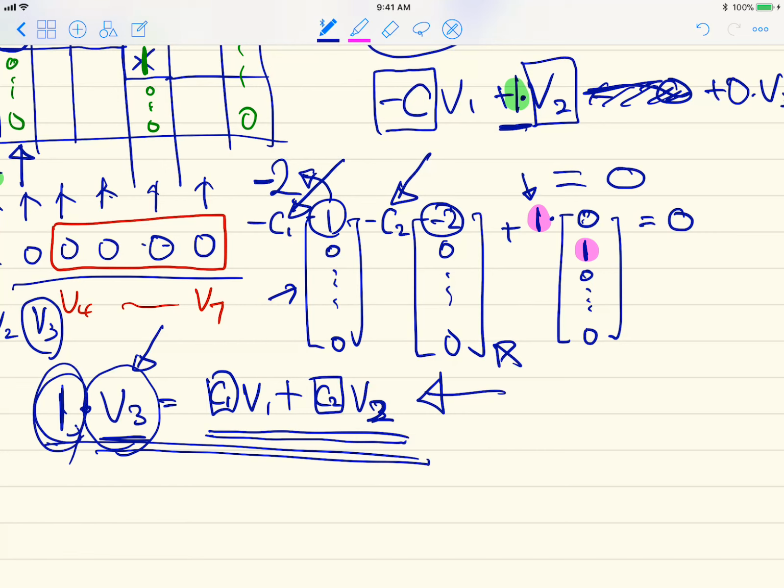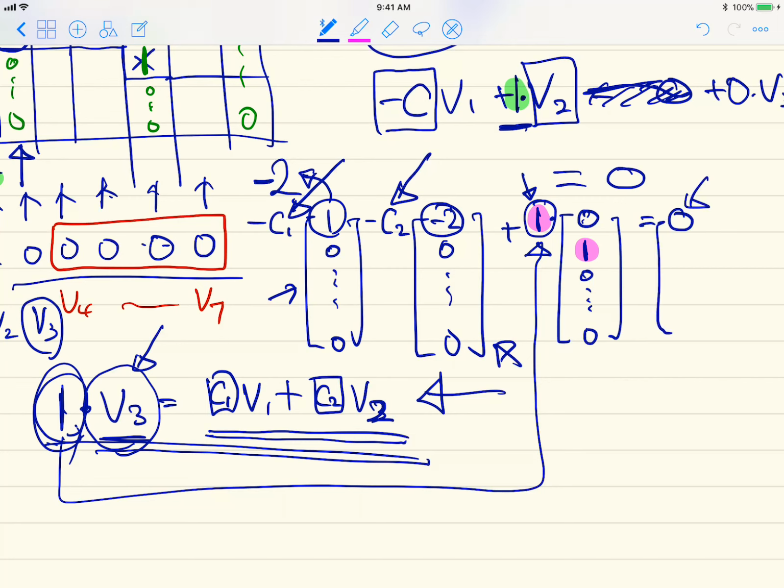So let's set it as 1, and this 1 comes to here, and then this 0 is actually this 0 column vector, right?